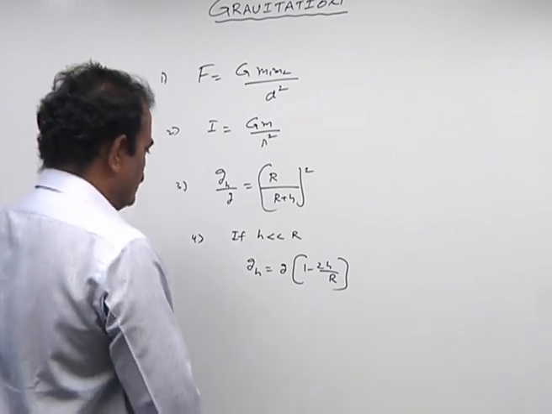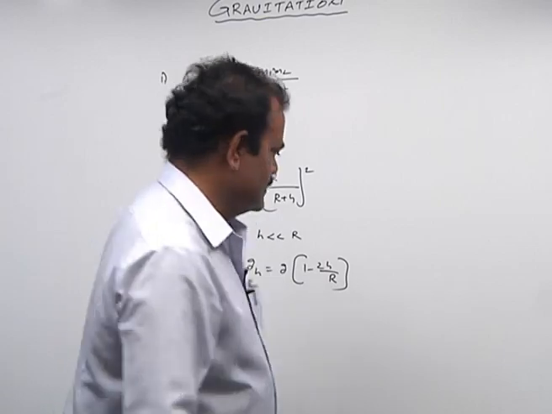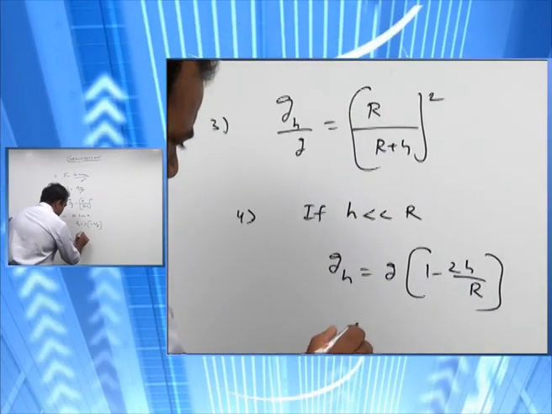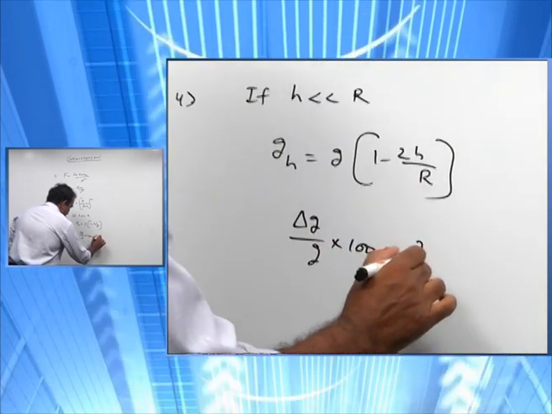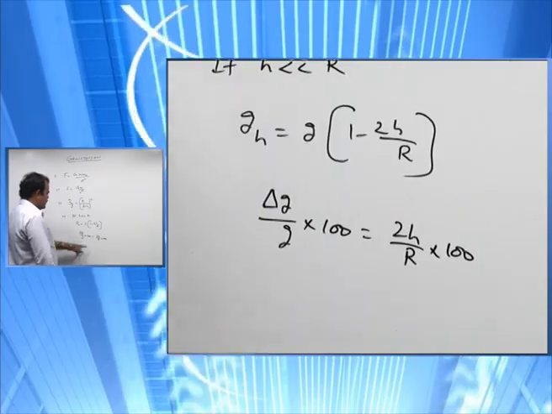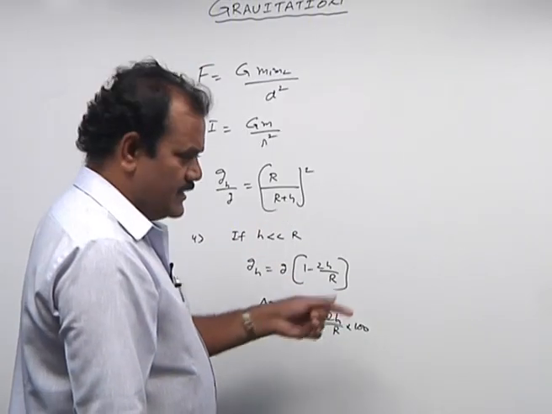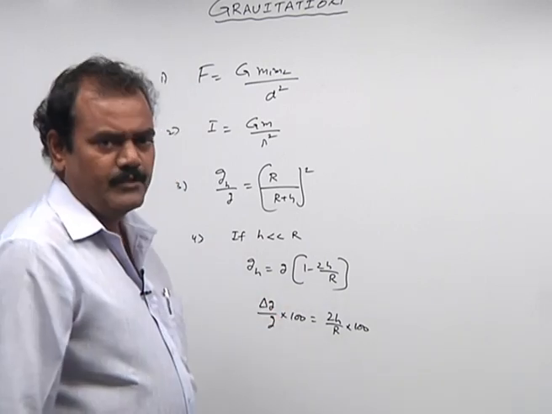You will be asked to find the percentage change in small g, so we take delta g by g into 100 is equal to 2h by r into 100. That is the percentage decrease in small g. That is the fourth formula completed.